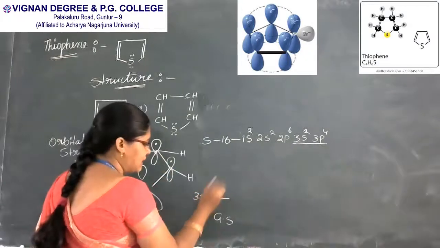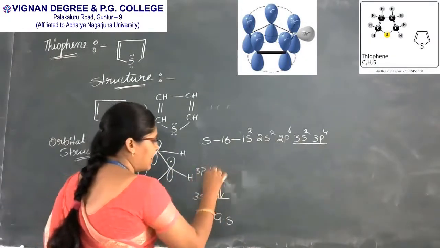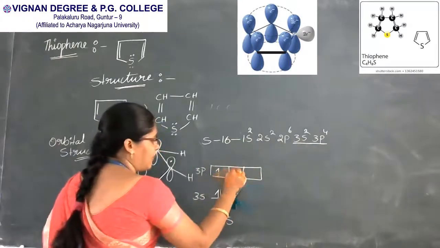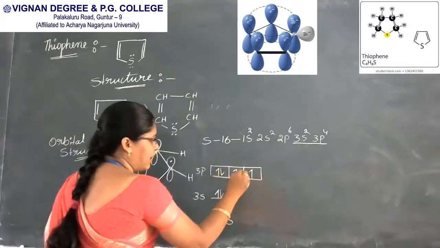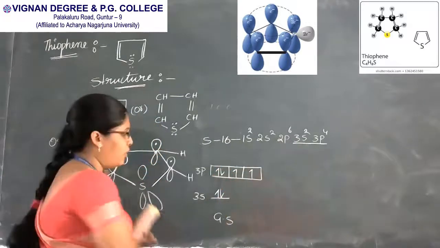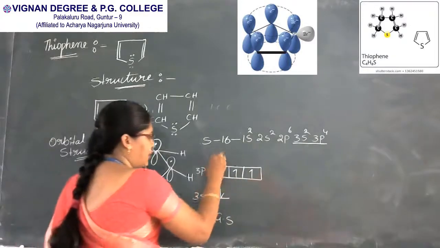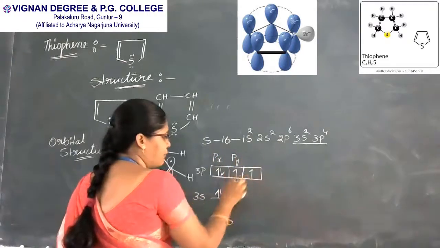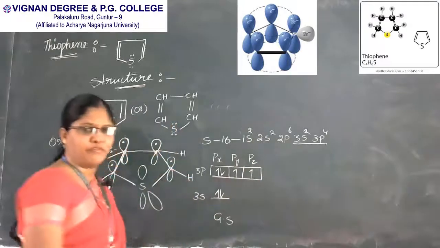The 3s orbital contains 2 electrons and the 3p orbital contains 4 electrons, filled according to Hund's rule: px contains 2 electrons, py contains 1 electron, and pz contains 1 electron.